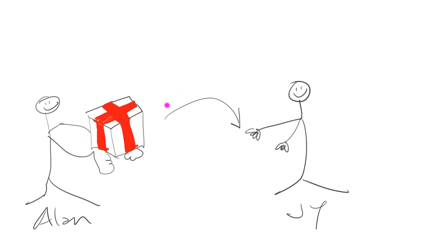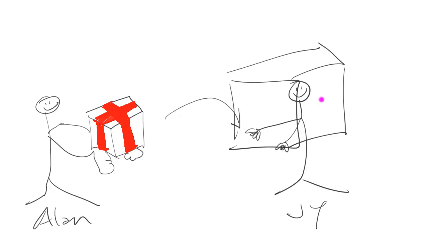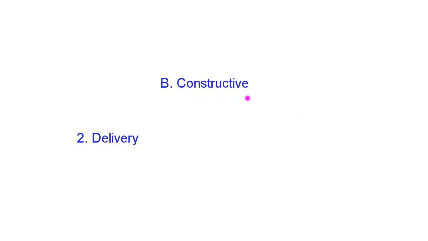Actual is pretty easy. It's kind of what you would expect. It's just this. Once it's in JY's hands, JY's been eaten by a transparent, badly drawn box. This is an actual delivery. A constructive delivery is one where physical delivery, actually placing the object into the gift recipient's hands, is difficult or impossible, so you end up handing over something that gives you access to that thing.